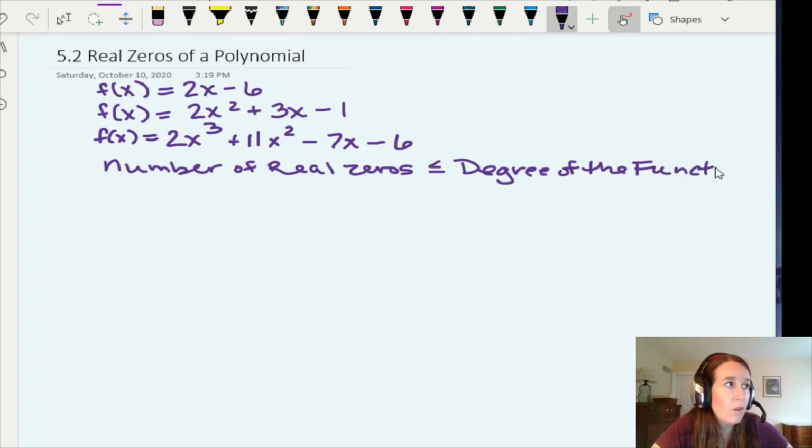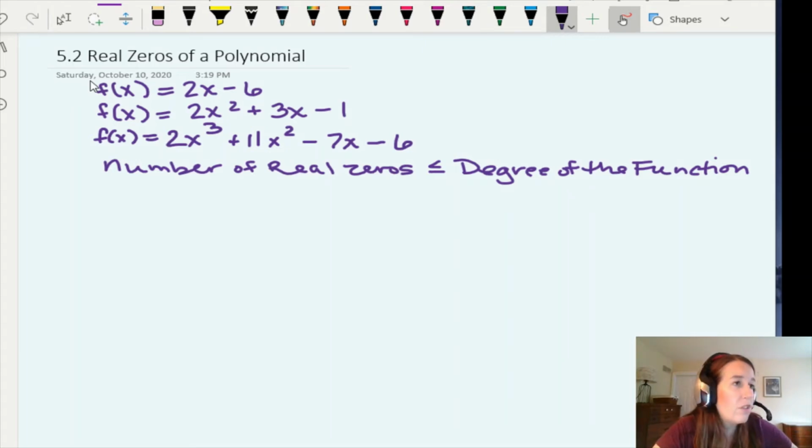In other words, the degree is 3, so we could have 3 real zeros, 2 real zeros, or 1 real zero. The total number of zeros is going to equal the degree of the function, but some of the zeros may be non-real numbers, and we won't look at those until section 5.3.